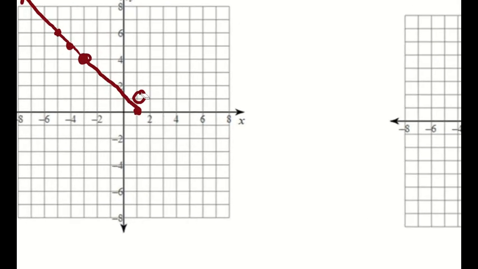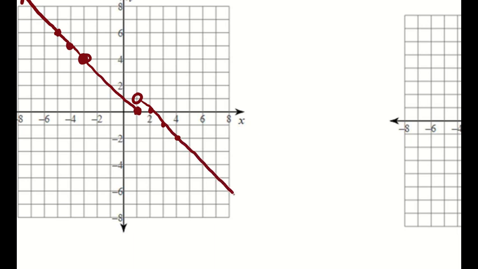Here I can get a little more precise with this, although then you see how not great my lines look. So we have an open circle there. It has a slope of negative 1, so we intersect the point (2, 0), (3, -1), (4, -2), and you get the picture with this. All right.